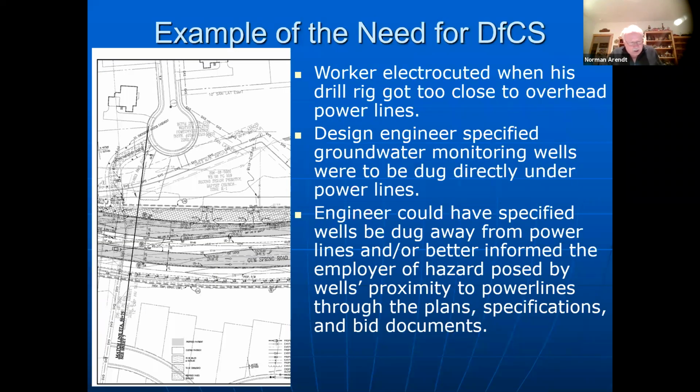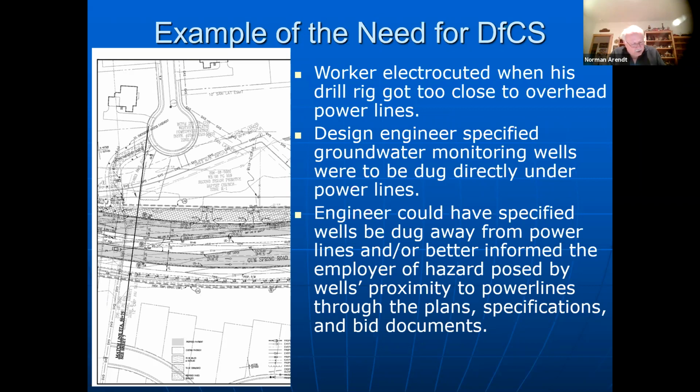If we look at what can happen, this is an example. There's a high voltage power line right here. And the environmental engineer specified the groundwater monitoring wells were to be dug directly underneath the power line. The contractor went out there and dug the holes right underneath the power line, and a person got killed when they contacted the power line.